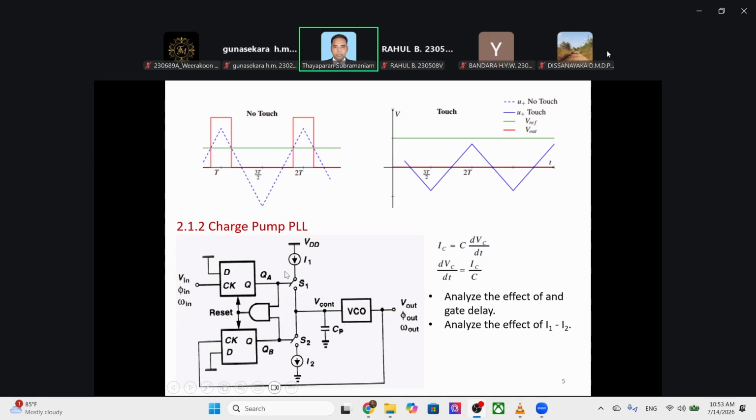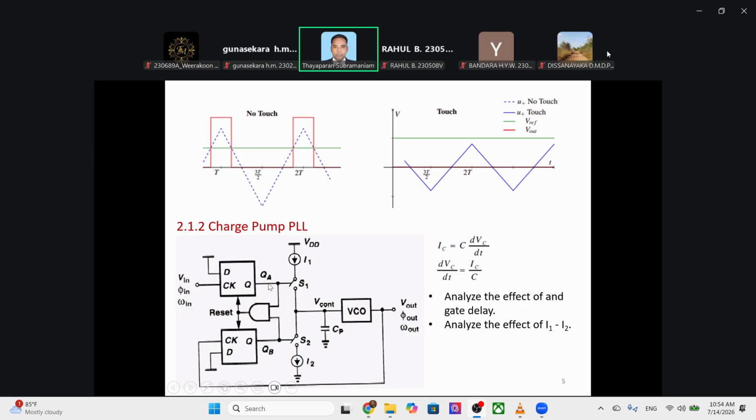Since QA is 1, it closes the switch. Forget about the logic functionality, but in reality, when this is activated as 1, it closes the switch. Therefore, the capacitor CP gets charged. Suppose QB is first, then this one closes and the capacitor gets discharged.